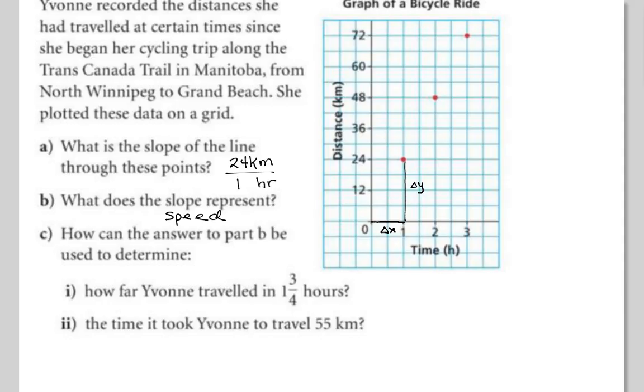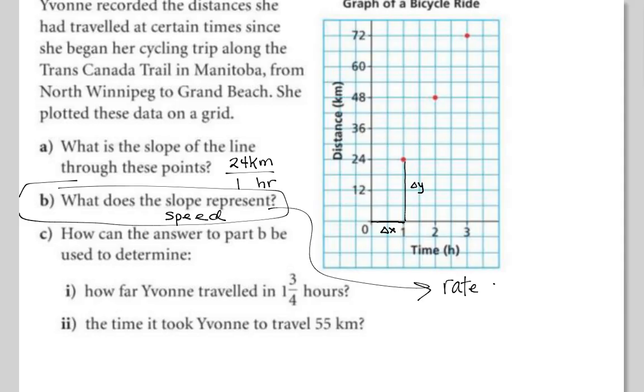So this can change. It's not always going to be speed. It totally depends on the unit. But when it says what does the slope represent, you can always be safe by writing this. That's the safe answer. Rate of change.